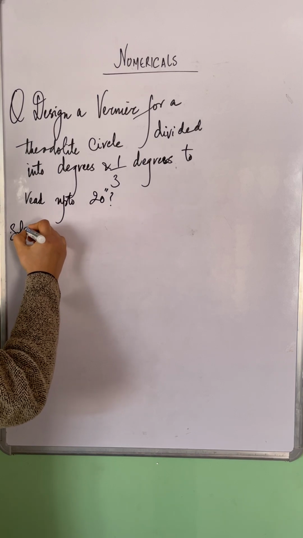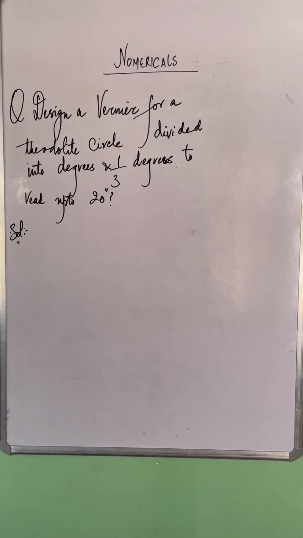Right? So my question is, design a vernier for a theodolite circle divided into degrees and 1/3 degrees to read up to 20 seconds.